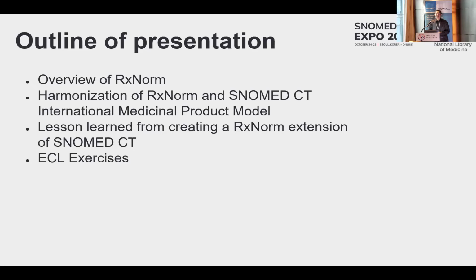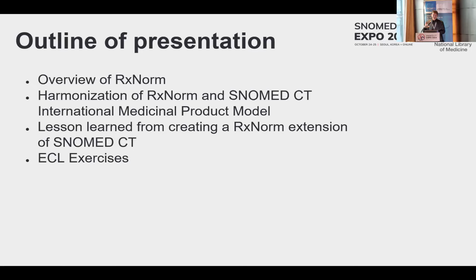So this will be the outline of this part of our presentation. I'll start off with an overview of RxNorm, what it is and what we use it for in the US. And then I'll talk about how we harmonize RxNorm and the SNOMED International Medicinal Product Model, and why we do it and how we do it, and some of the challenges that we face.